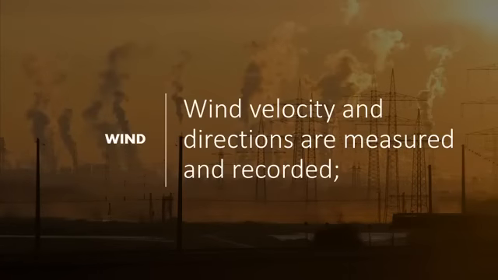Okay, so then we have wind, of course. Wind we measure by the velocity and the direction. So it's measured by anemometers. I think most probably you have seen one of these in control towers, especially in airports.